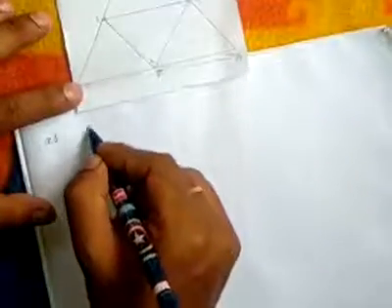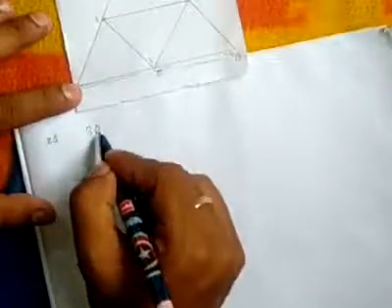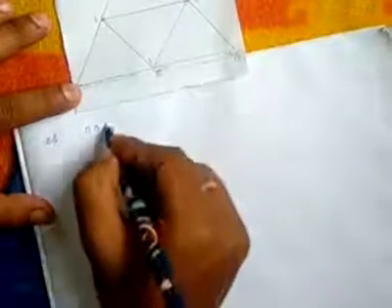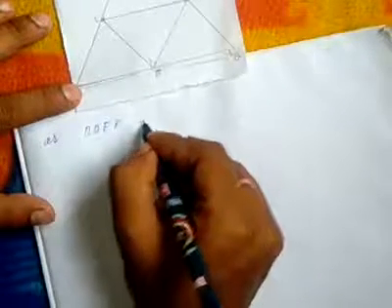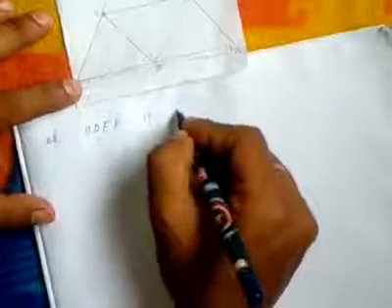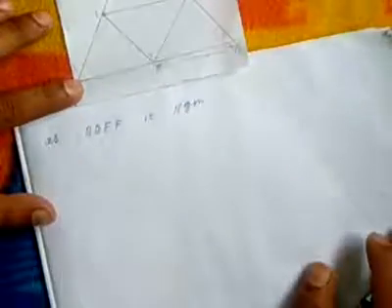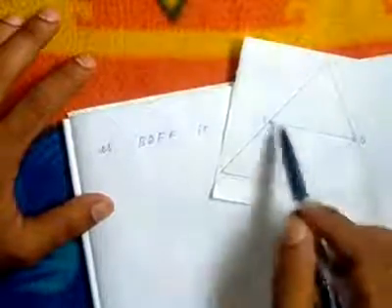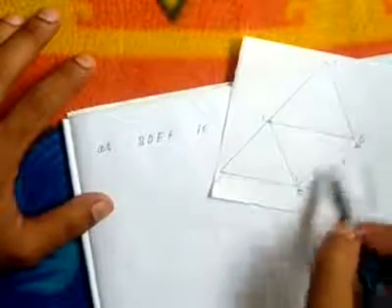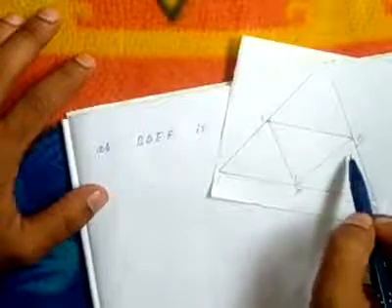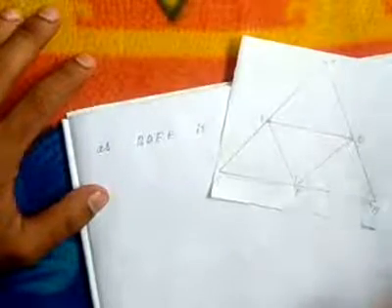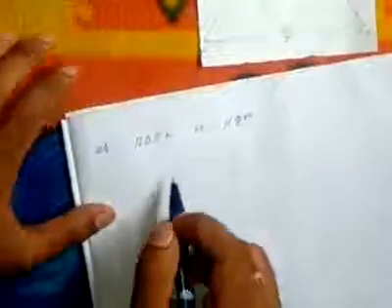So if BDEF is a parallelogram, then this DF will be the diagonal, isn't it?